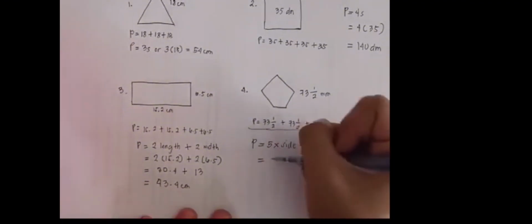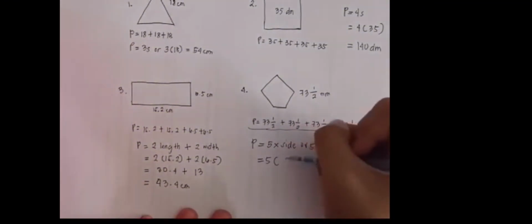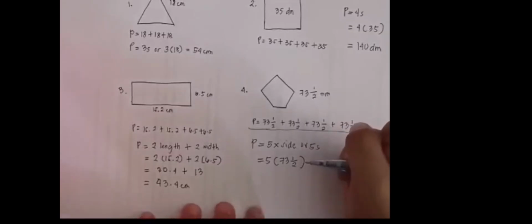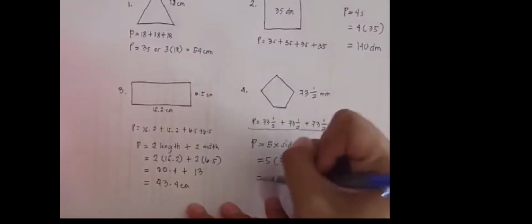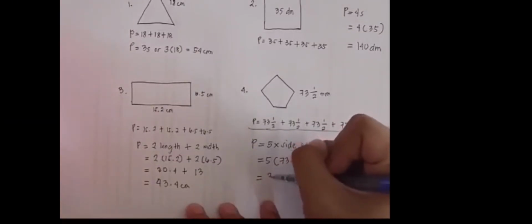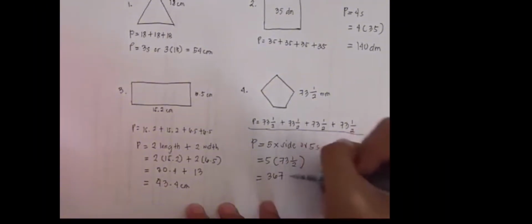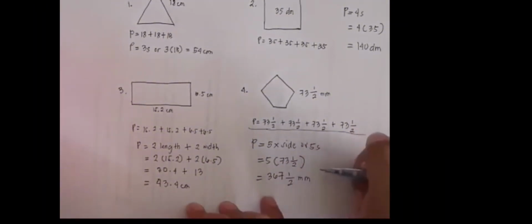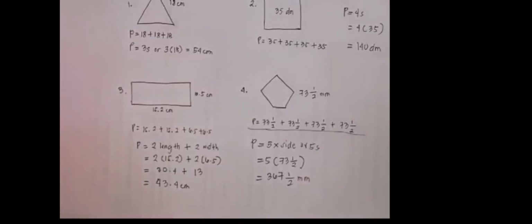So 5 multiplied to 73 and a half. So the perimeter would be 367 and a half millimeter. So a regular pentagon has a perimeter of 367 and a half millimeter.